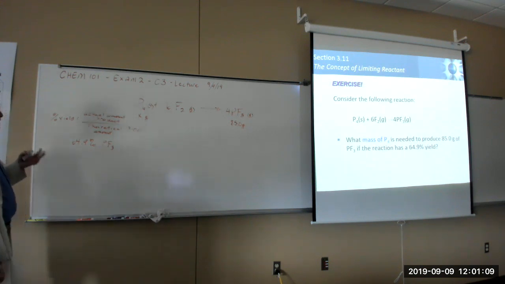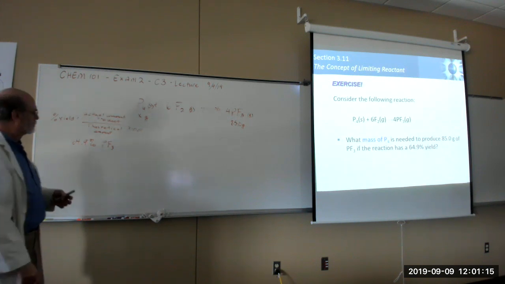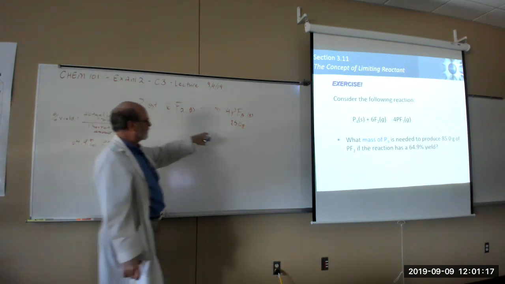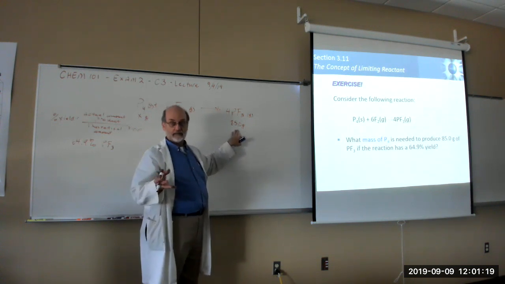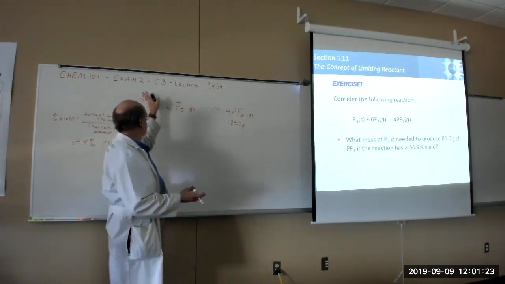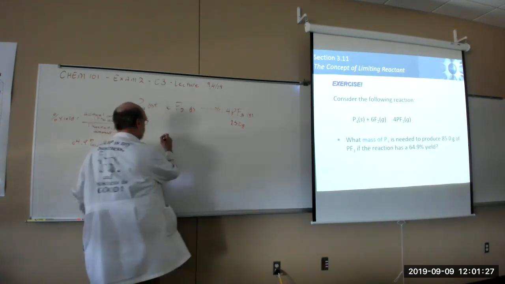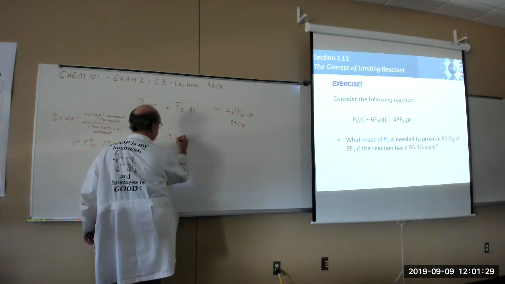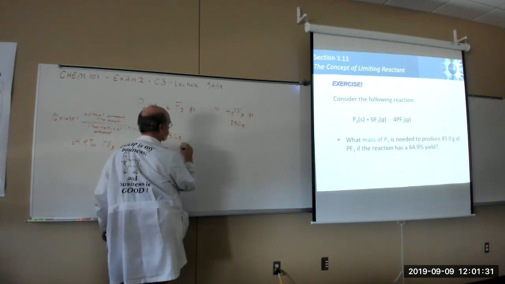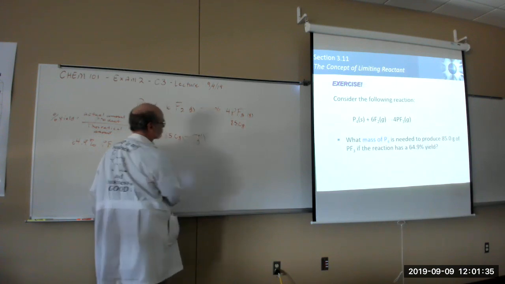So let's assume for the moment that with 100% yield, what would you have to have here? Well, convert that to moles, then make your conversion back to this one and find out how much of that. So if we have 85 grams of PF3, we want to convert that to moles.